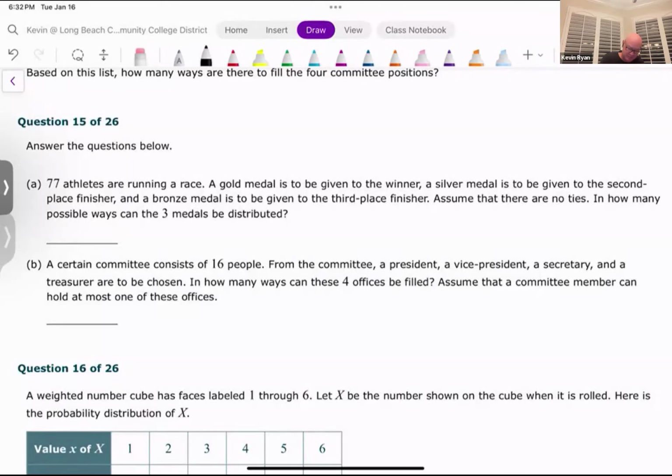Now, in this case, the order matters. So we are going to be using permutation. So in this case, there are 77 permutation 3.